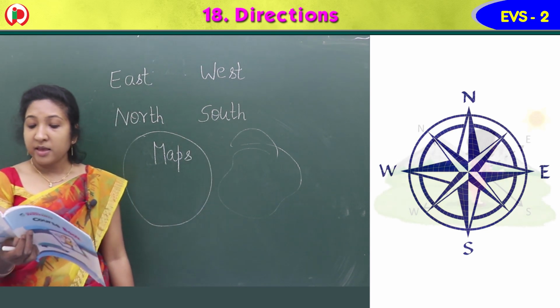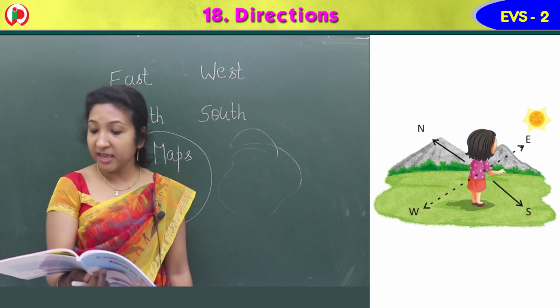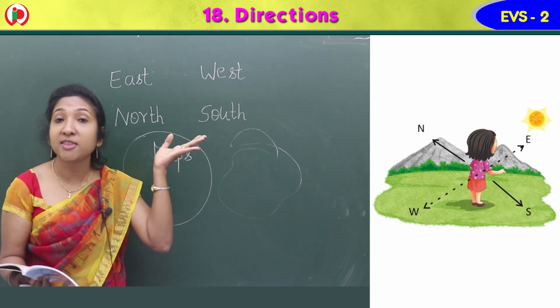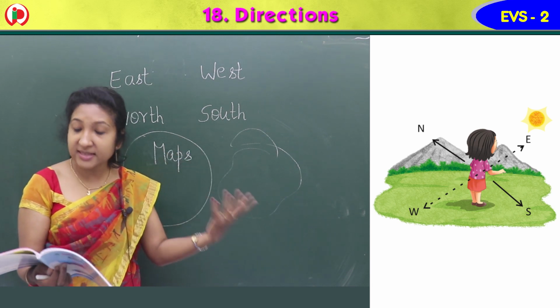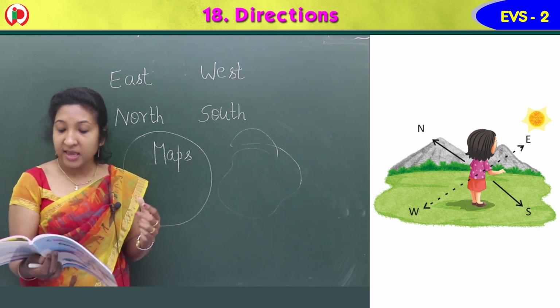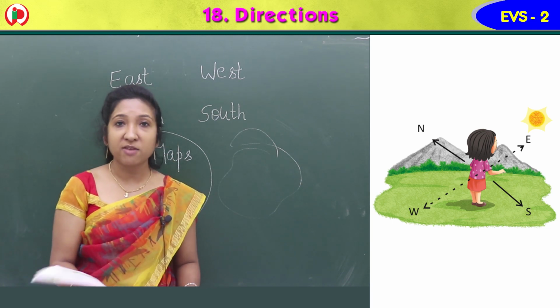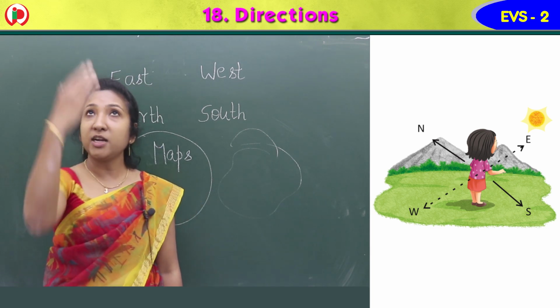If you are facing the sun in the morning, you can see the image of a girl facing the sun in the morning. In front of you is the east direction. When you face the rising sun in the morning, which direction is in front of you?